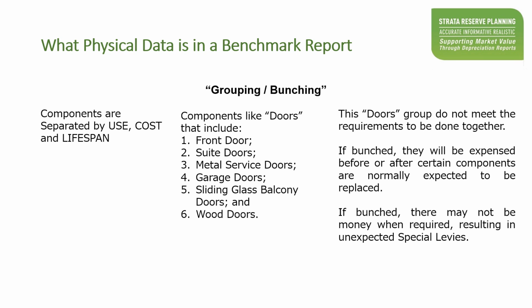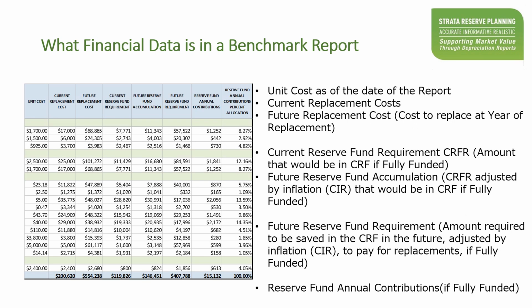If they're bunched together, they will be expensed at a period before or after certain components in the doors category are normally expected to be replaced. That means that if they're bunched, there may not be enough money when required, resulting in, again, unexpected special levies.